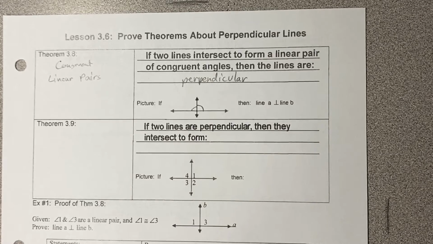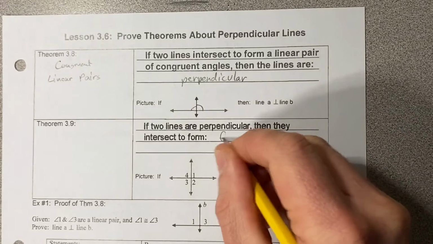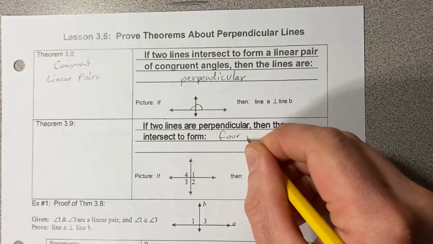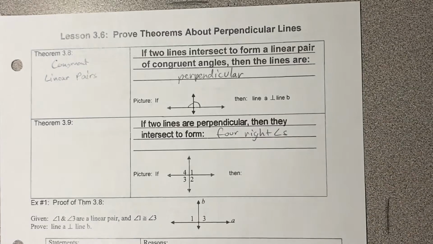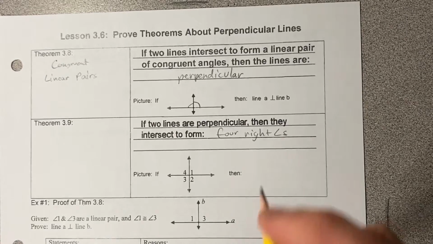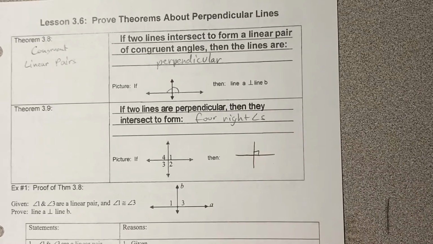Theorem 3.9 doesn't really have a good name for it, but it says if two lines are perpendicular, then they intersect to form 4 right angles. So if you know that they're perpendicular, then you know that you at least have one right angle.